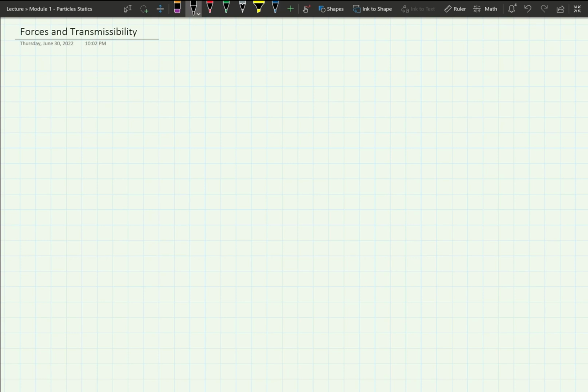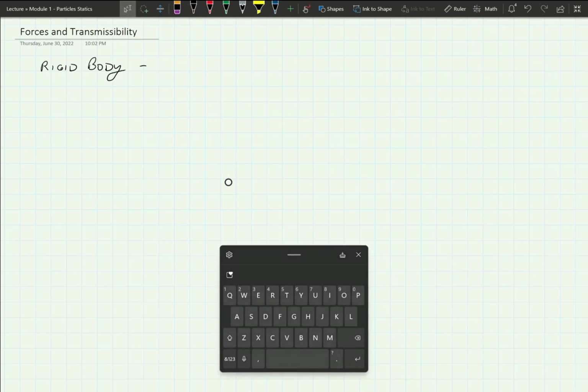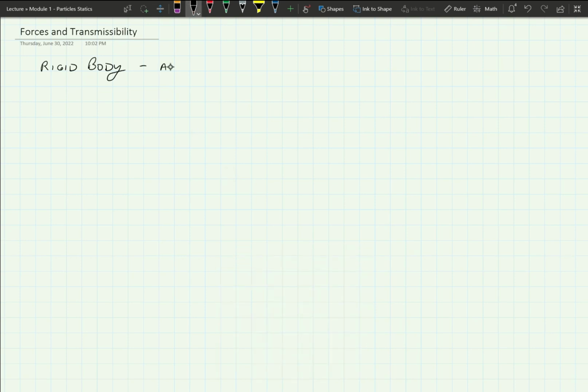So let's start with simply a rigid body. Okay, and if you're reading the textbook along, you'll see this. It is an object that does not deform.